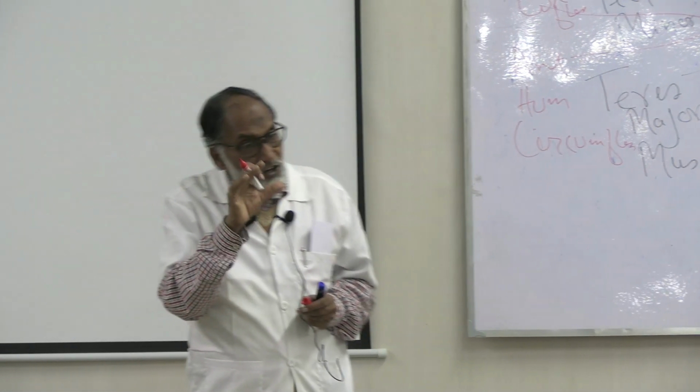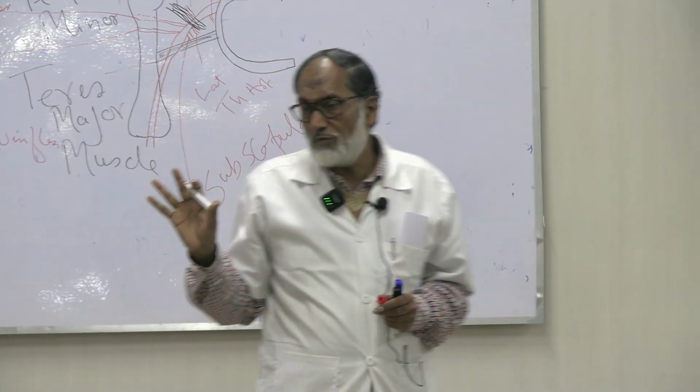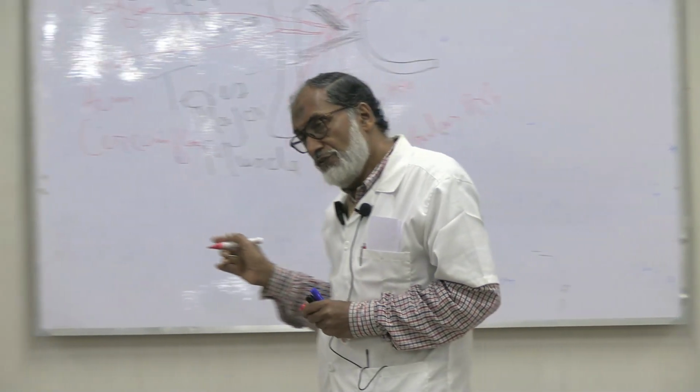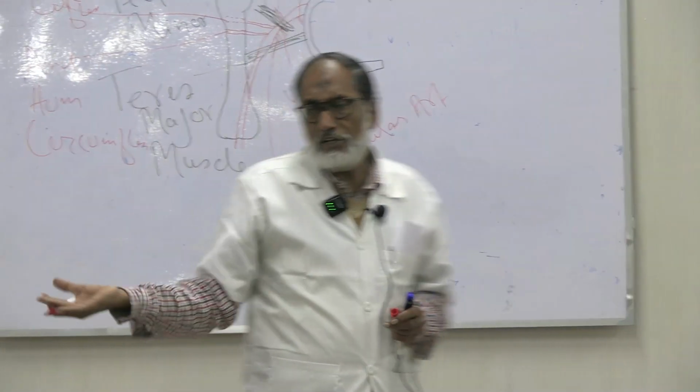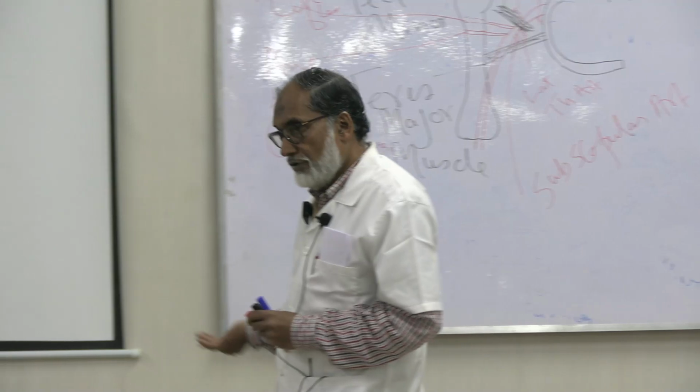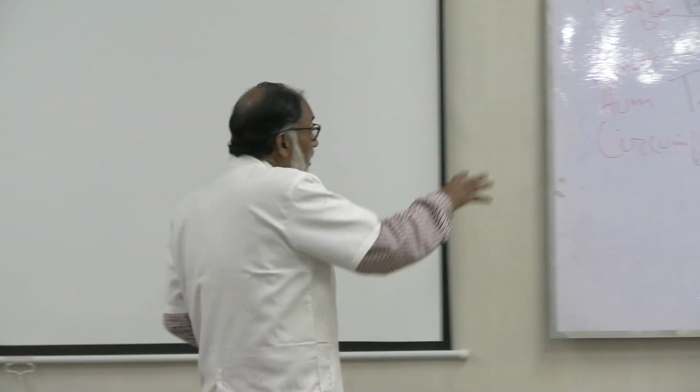At the level of the neck of the radius, at the cubital fossa, it will divide into two terminal branches: one is the radial artery and another is the ulnar artery.